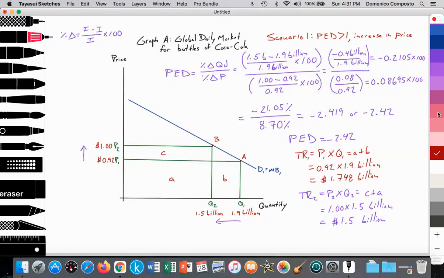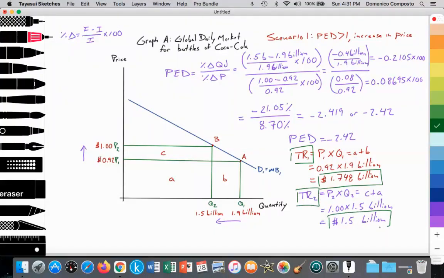And again, we can see that yes, total revenue goes down. Total revenue 1 was 1.748 billion, and then when we raise price, total revenue has fallen to 1.5 billion. So again, as we raise price along an elastic demand curve, the total revenue will fall. Okay, the PED is greater than 1. This is what occurs.